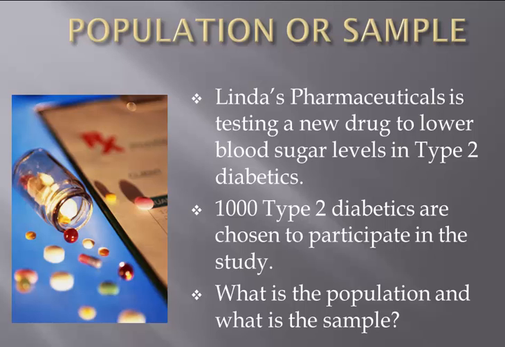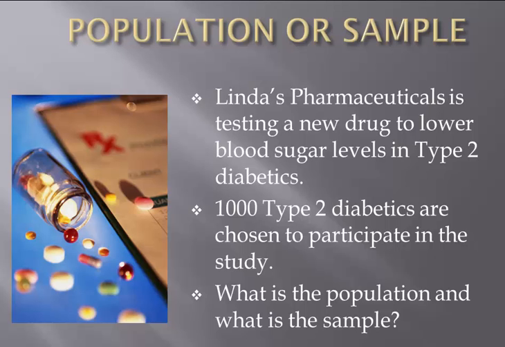Now, when we make our claim that this new drug lowers blood sugar levels in type 2 diabetics, we're not wanting to sell just to the 1,000 that are in our study. We're wanting to make the claim that our drug is effective in lowering blood sugar levels for all diabetics, United States, world, universe, whatever.